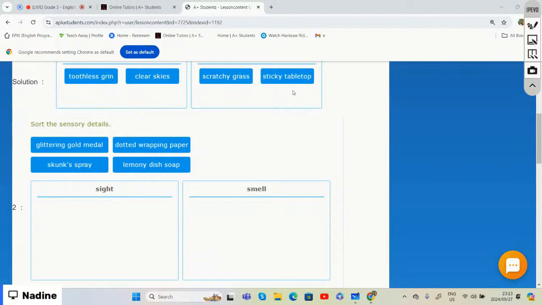Let's look at the next one. It says we need to sort out the sensory details under things that we can only see and things that we can smell. I'm going to put numbers to it.